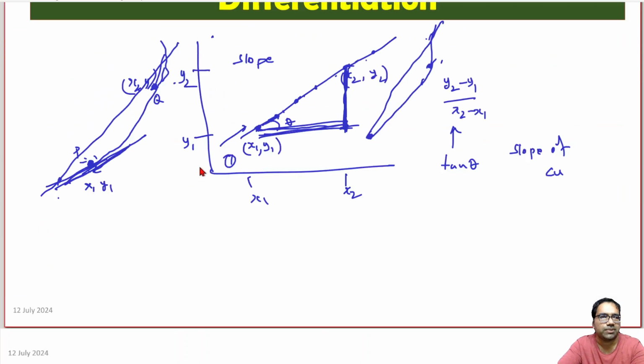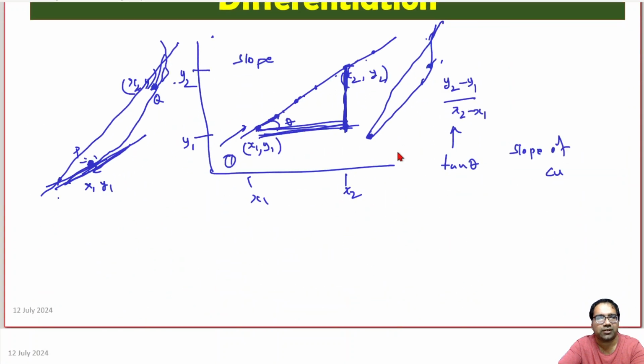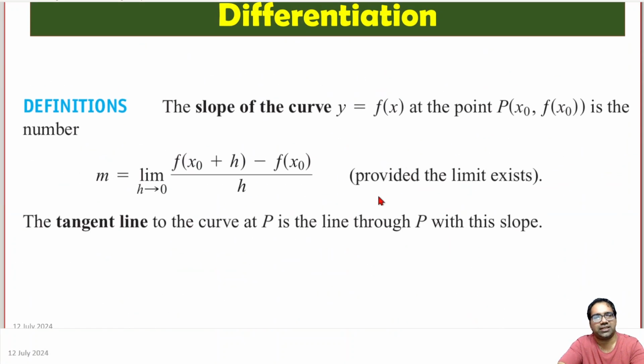Right. So basically what you are saying is this h should get smaller and smaller, so that this q and this point will get closer, and then this one is actually the slope, that is again y2 minus y1 by x2 minus x1, which is also called the slope of the tangent. Okay, so that is the formal definition.